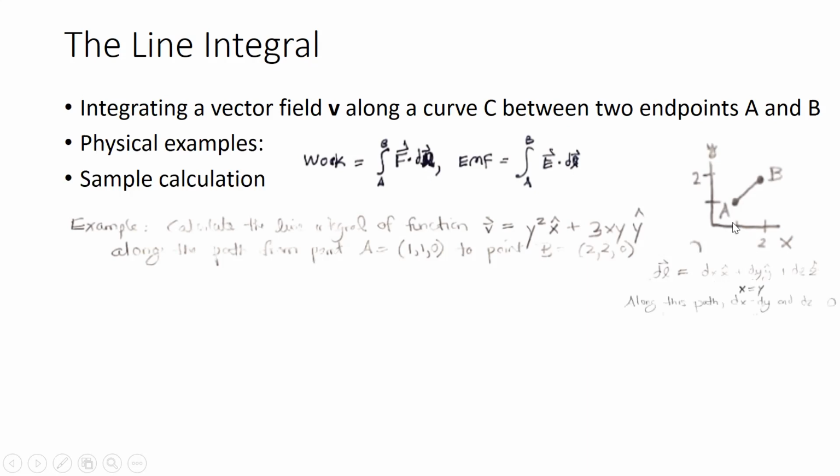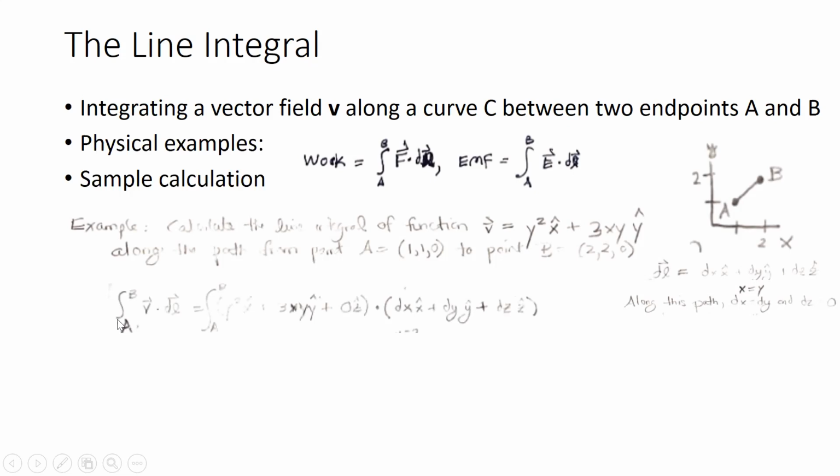And along this particular path, since x is equal to y, along this path from 1, 1 to 2, 2, we also know that dx is equal to dy, and also dz is equal to 0. And we need to use this type of information in order to eventually evaluate the line integrals in terms of integrals that we know how to do, as you'll see in a second.